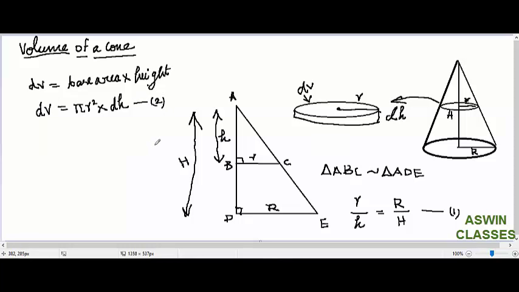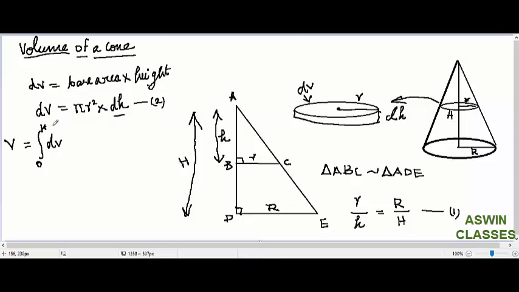Now in order to find the total volume of this cone, that is V, you need to integrate dV. Here the variable is h, so you need to put the limits of the integral as 0 to h, since its least value is 0 and the highest possible value is h.